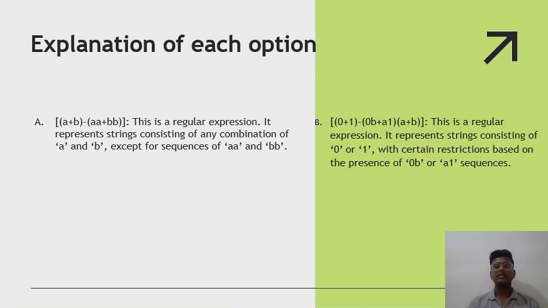It represents strings consisting of any combination of A and B, except for the sequence of AA and BB. Then the next expression is also a regular expression. It represents strings consisting of 0 and 1 with certain restrictions based on the presence of 0B or A1 sequences.